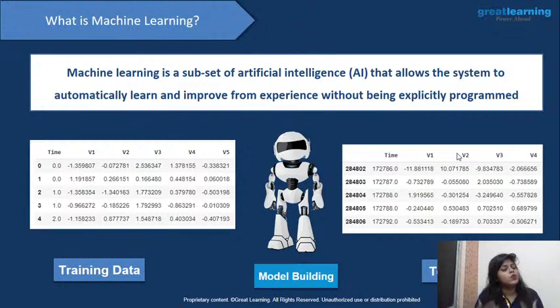Whatever artificial intelligence is, everything comes with data. So machine learning is also a part of artificial intelligence. If you think you know machine learning, then you know artificial intelligence, that's not the case, because there are lots of things, guys, we have under AI.